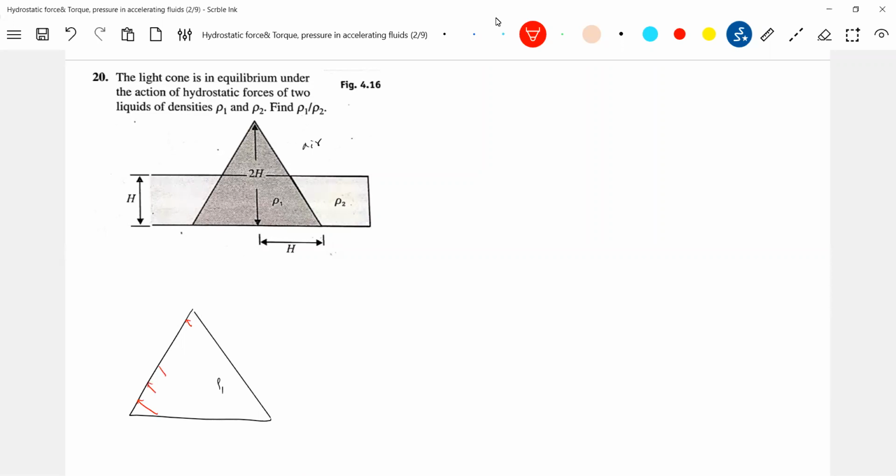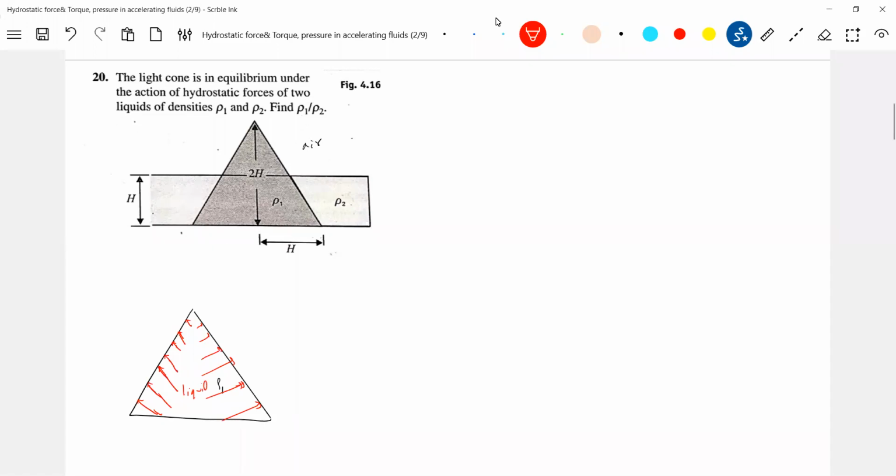These arrows indicate the force exerted by the liquid on the cone.